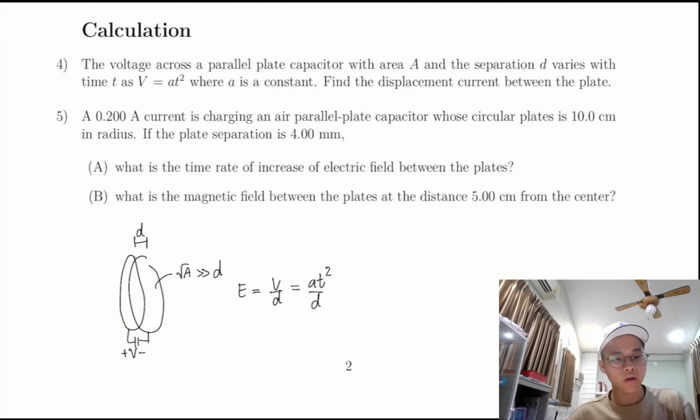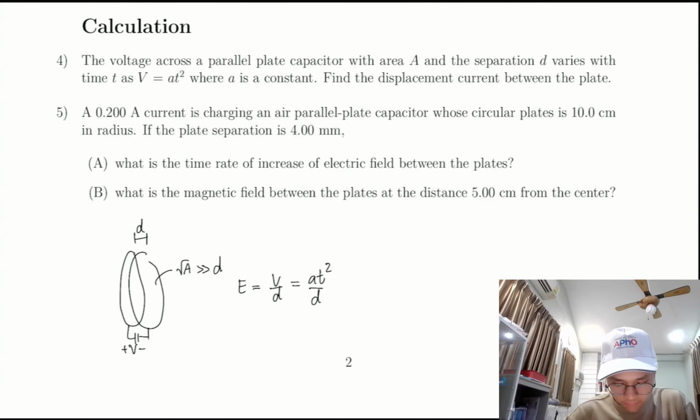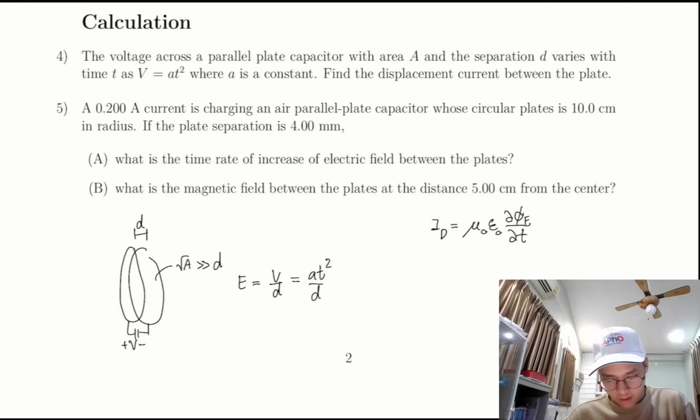Why do we calculate electric field, right? As I have previously mentioned, the displacement current is related to the rate of change of electric flux, which of course is related to electric field.